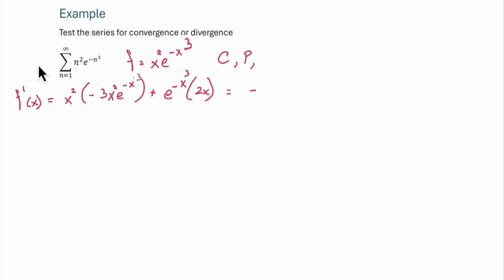And then, simplifying this, we get negative 3x to the fourth e to the negative x cubed plus 2x e to the negative x cubed.